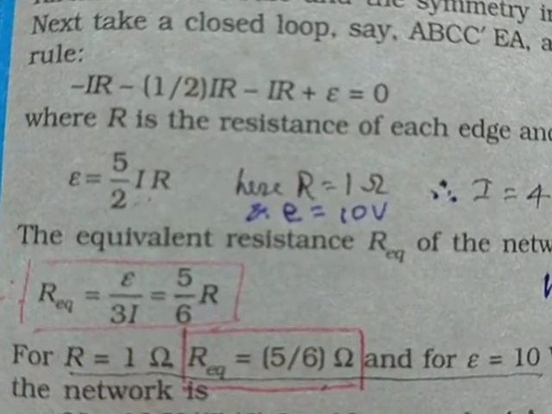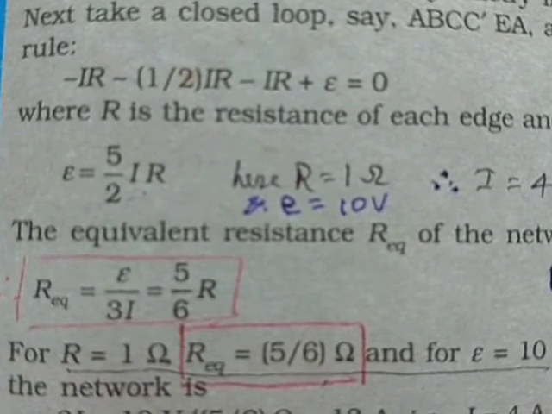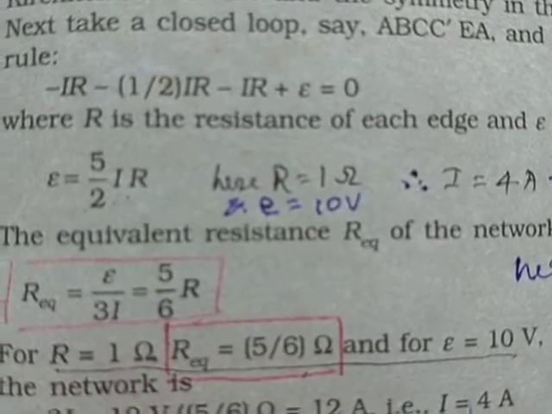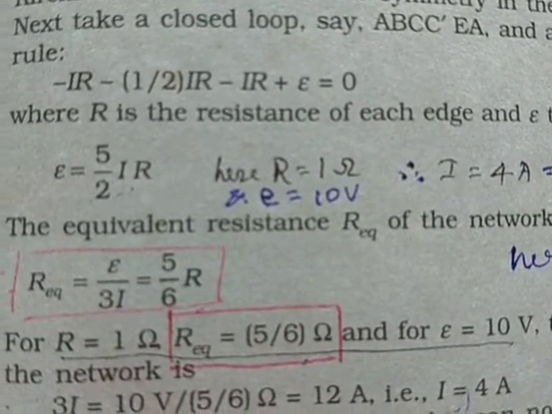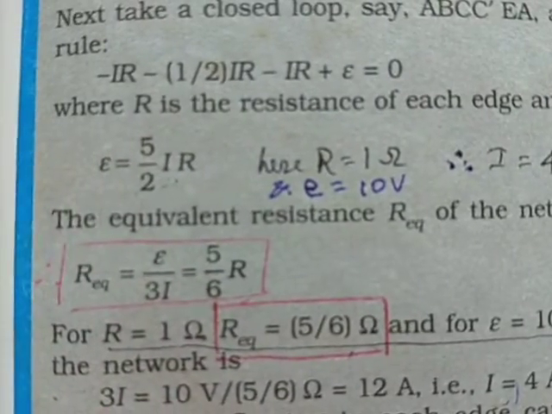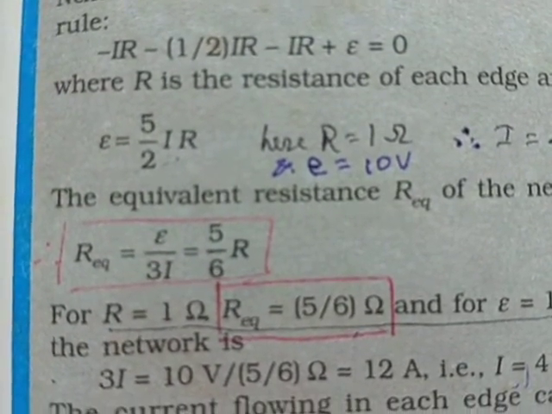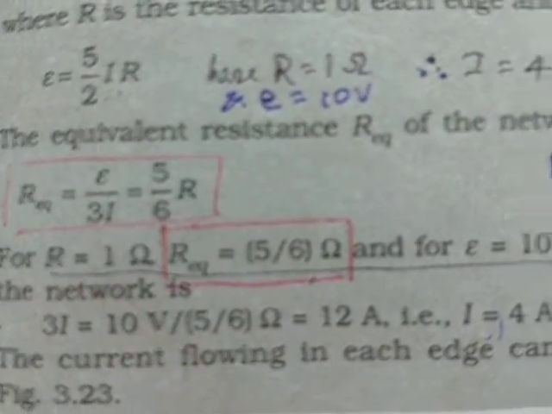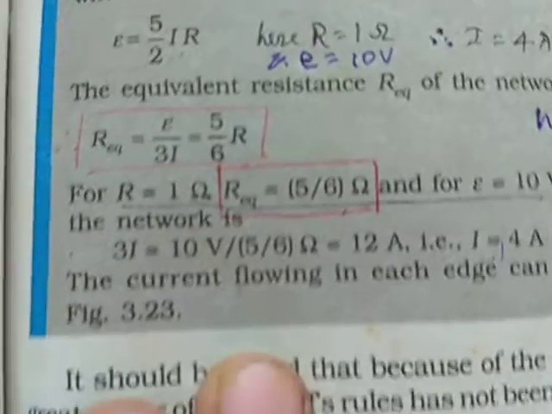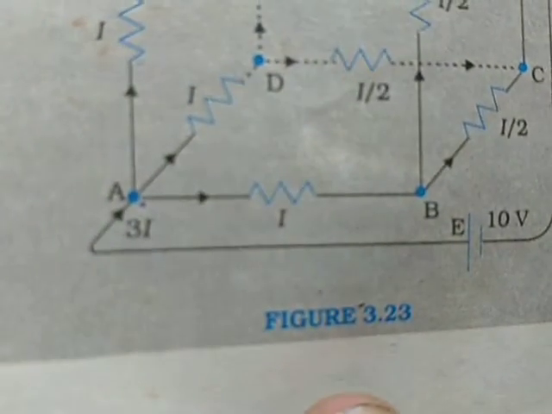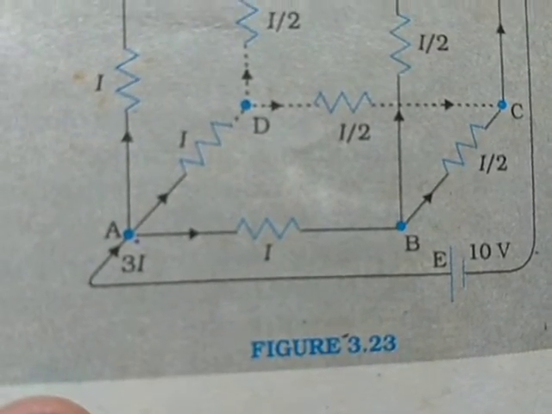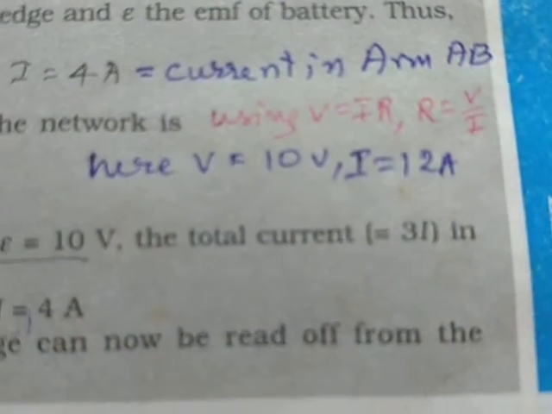The EMF is 10 volt as given, and the resistance of each arm is 1 ohm, also given. On putting these values and solving, we get I is equal to 10 into 2/5, and that becomes 4 ampere. So we found the current drawn by each arm, and since the total current drawn from the cell is 3I, it becomes 12 ampere.